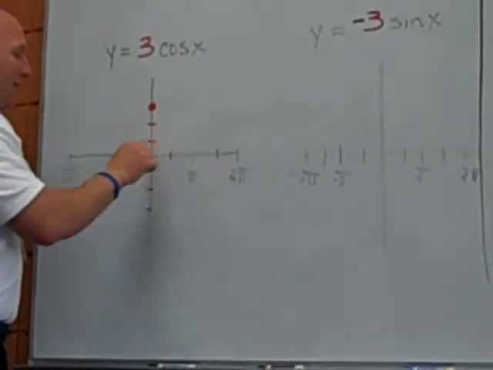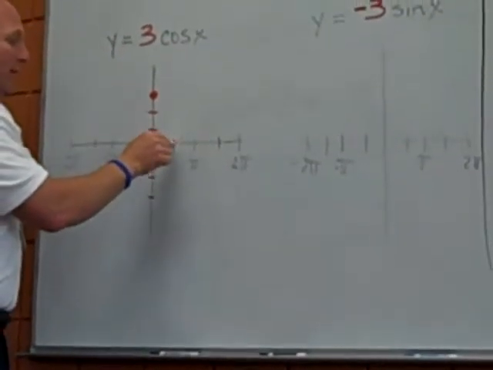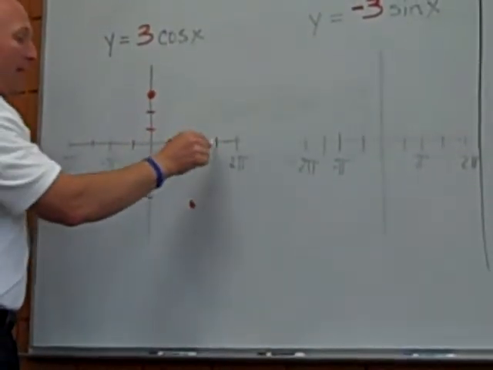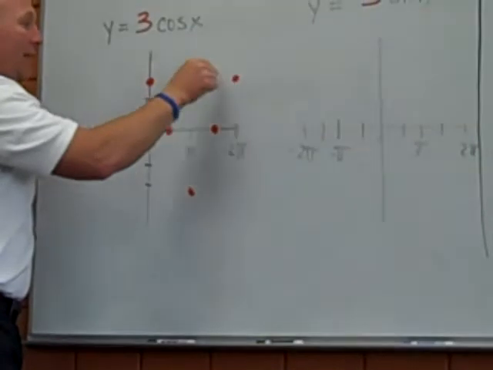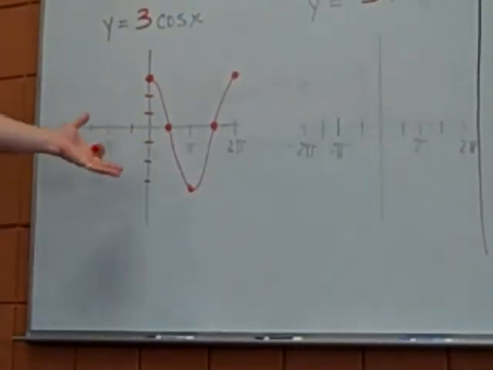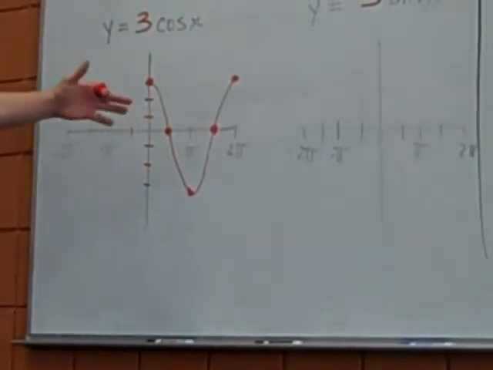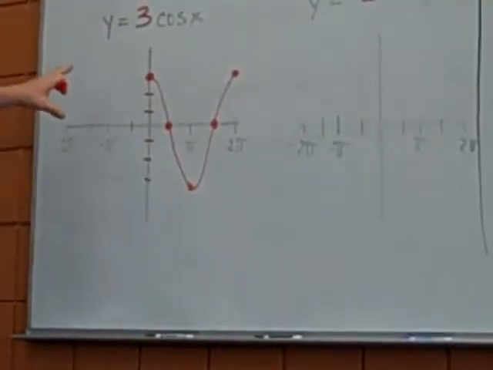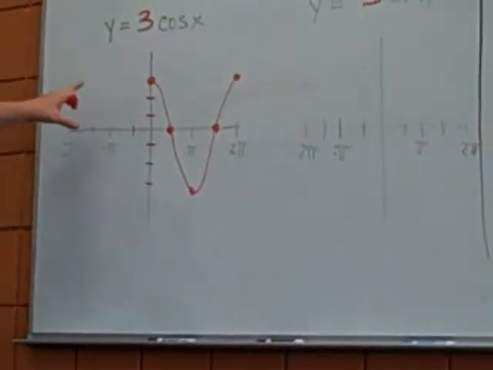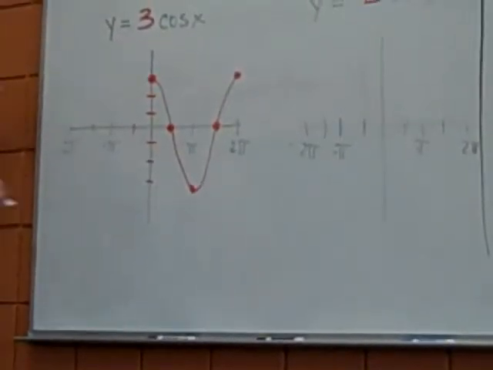So here's 0. Then we go down to negative 3 again. Patterns. Patterns. And I always encourage people to start on the positive side, 0 to 2 pi. Now cosine, is it going to match or is it going to be flipped on the negative side? It's going to be the exact same.